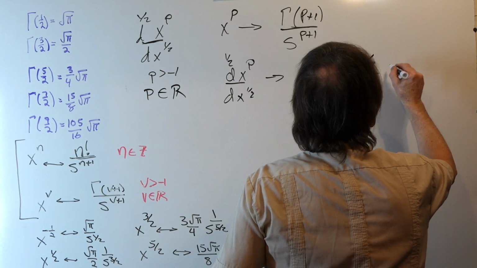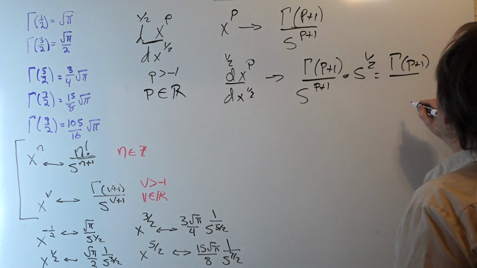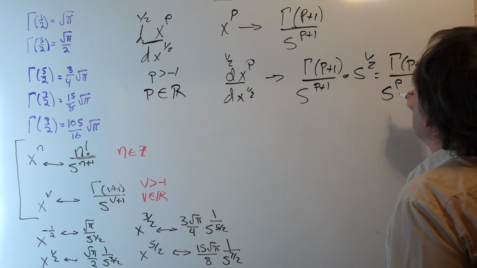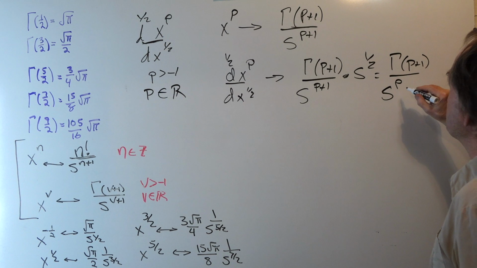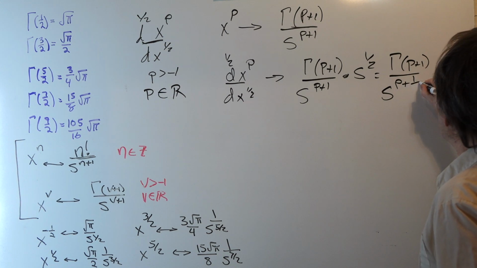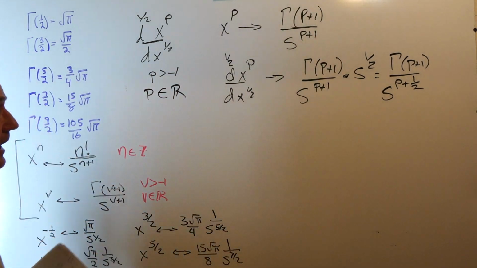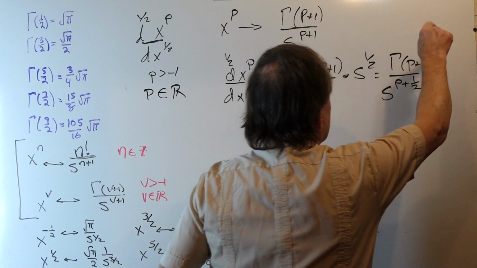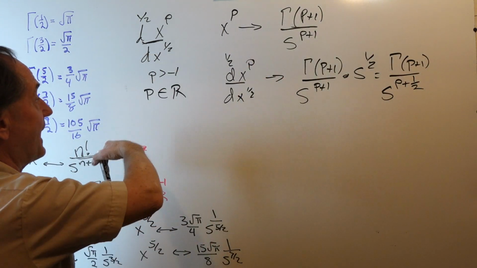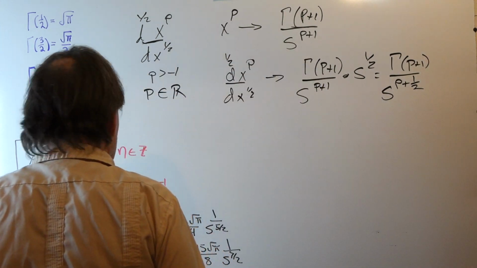So then this becomes gamma of p plus 1 divided by s to the p, and we're subtracting 1/2 from 1, so it's s to the p plus 1/2. Now that we've performed the differentiation in the Laplace space, we go back now to the x space to see what function this is.